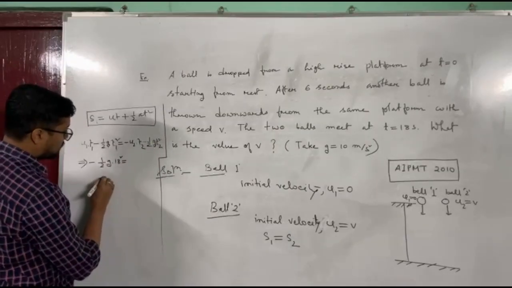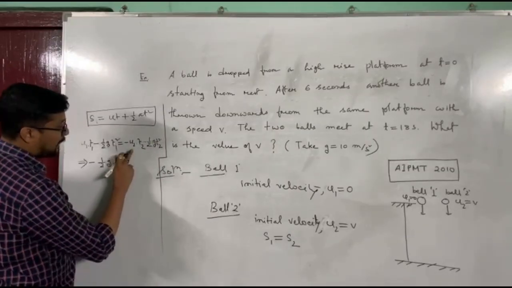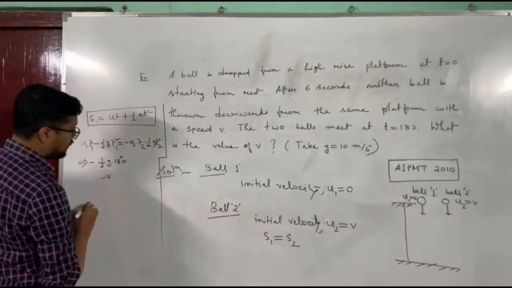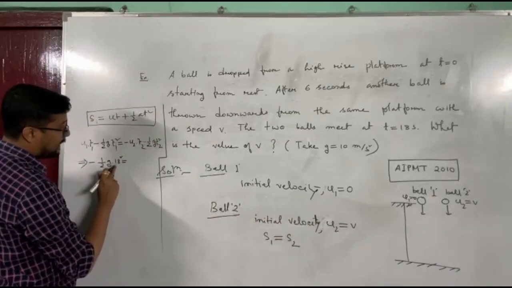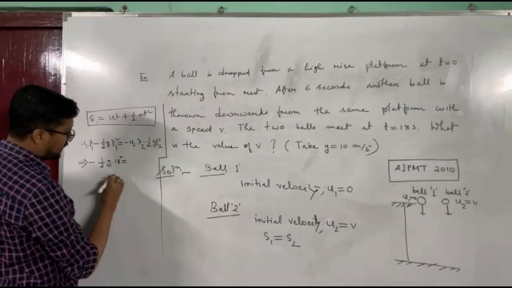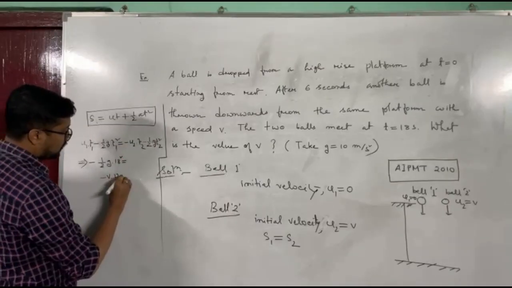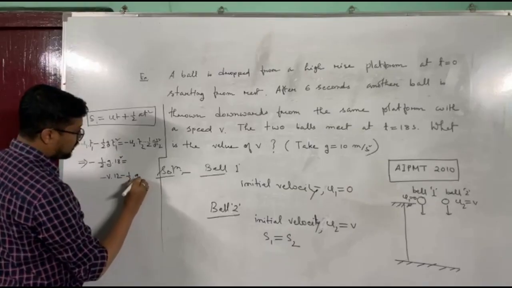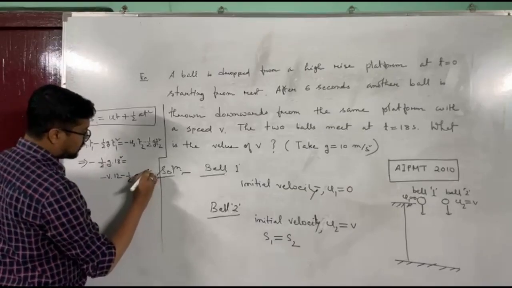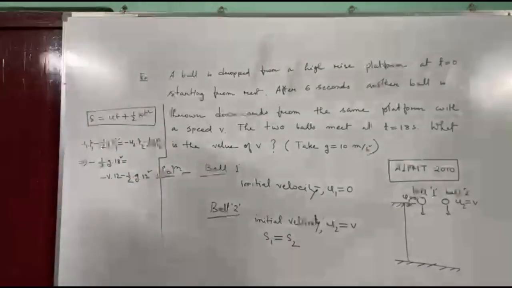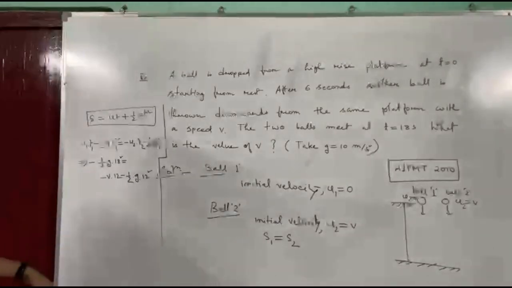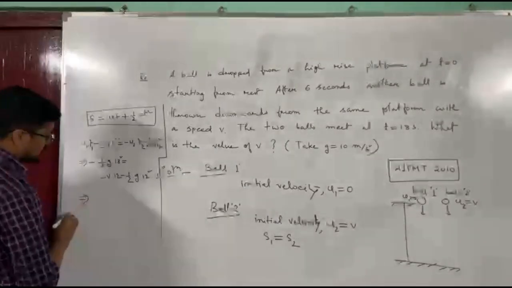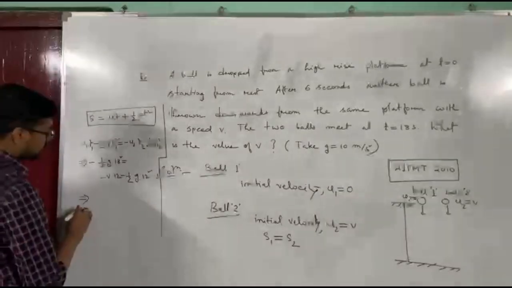So what I can write, U2, it is given in the question as V, so let us take it as V, and T2 is basically 18 minus 6, so it is 12, minus half into Z into 12 square. Now if we solve this equation for V, we will get the answer. So what do we get?